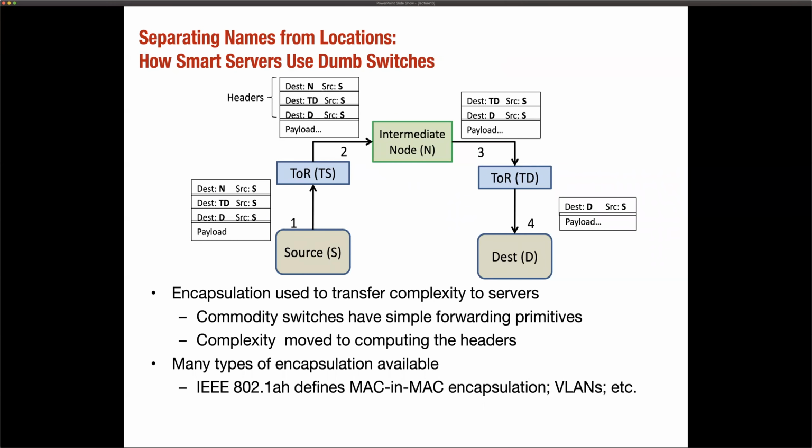The other design goal was also to separate names from locations, right? The approach here is that the design leverages the programmability of the servers that are at the edge, and keeps things as simple as possible for the intermediate switches, right? We have discussed this in previous lectures as well. It is kind of enabling source routing here, right?